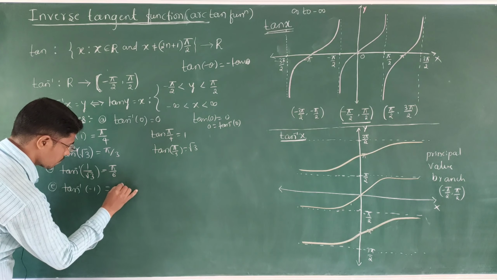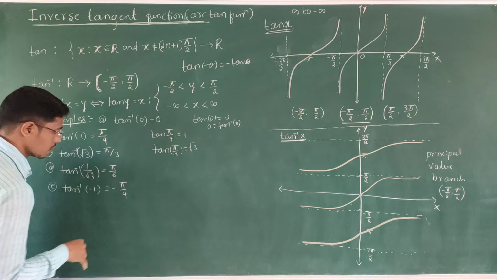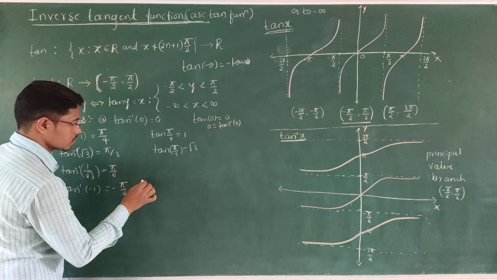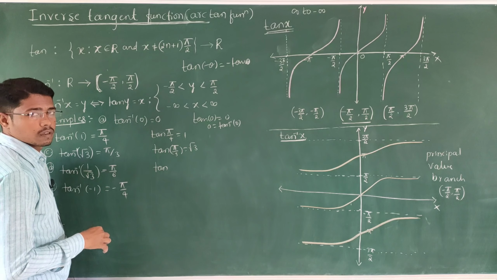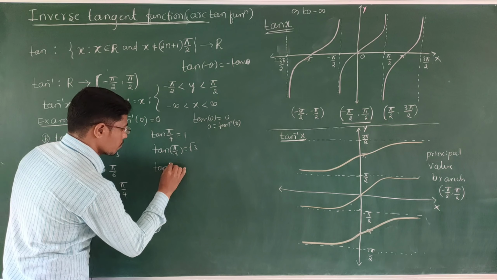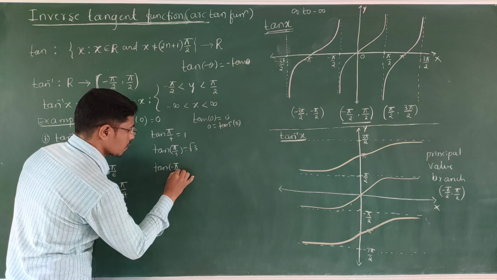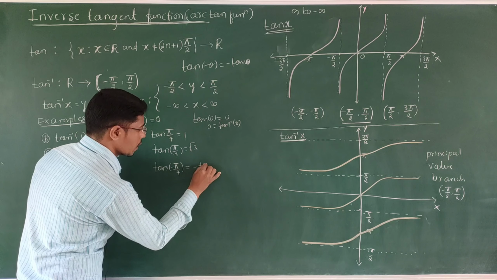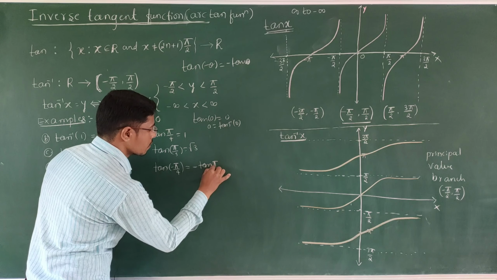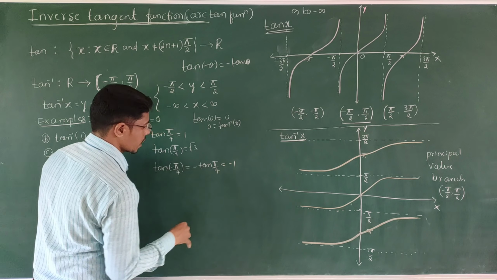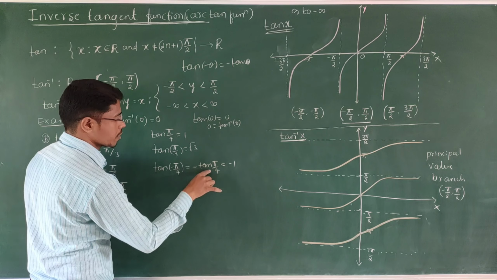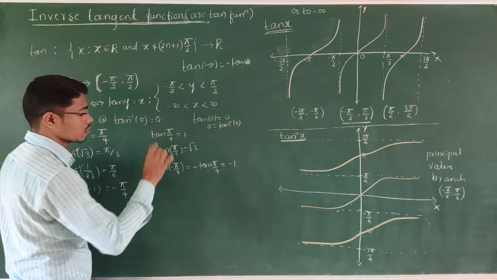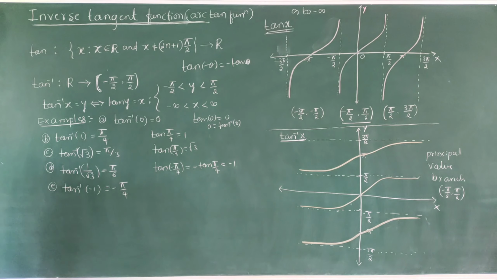So this is minus pi divided by 4. Tan of minus pi divided by 4 is equal to minus tan pi divided by 4, which is minus 1.